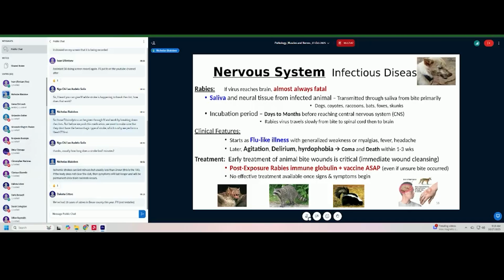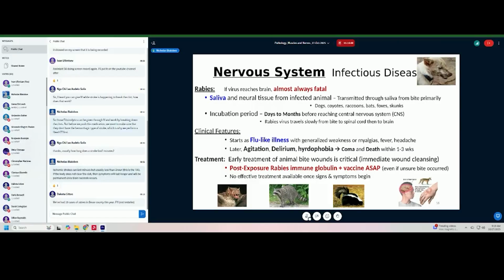But not only that, when they hear water or when they see water, it causes a triggering of those pharyngeal muscles that help us swallow. And so these patients are afraid of water. They're hydrophobic, right? When they hear water, when they see water, if they try to drink water, it causes very, very severe pain. And so it's called hydrophobia.